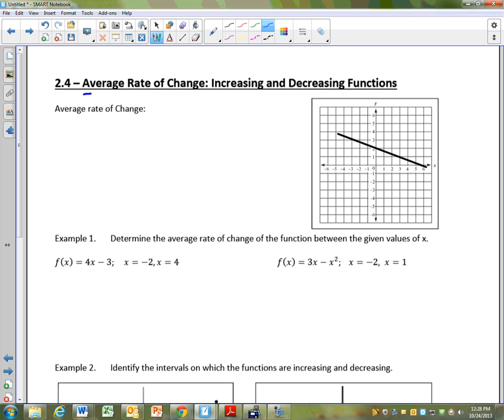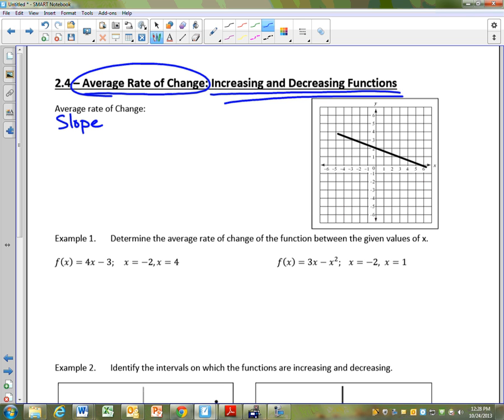We're going to talk about two things today, average rate of change, and then where functions are increasing and decreasing. And this is just a nice little intro for something that you will someday see in calculus, especially some of the notation. We call average rate of change is basically the slope.